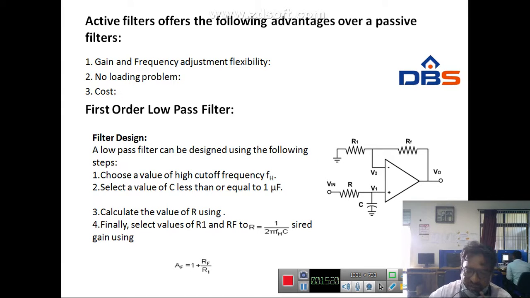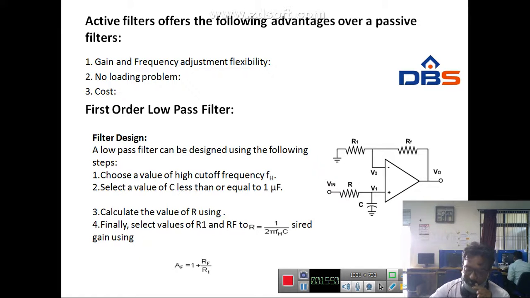By this combination we can build the first order low pass filter. Note that the op amp is used in the non-inverting configuration, hence it does not load down the RC network. The resistors R1 and RF determine the gain of the filter.